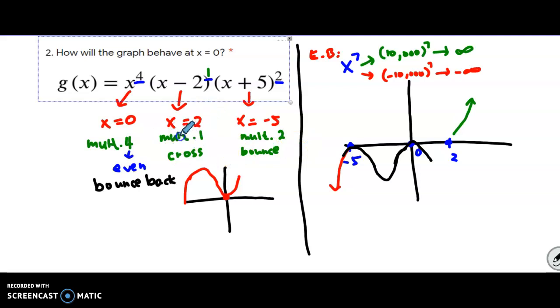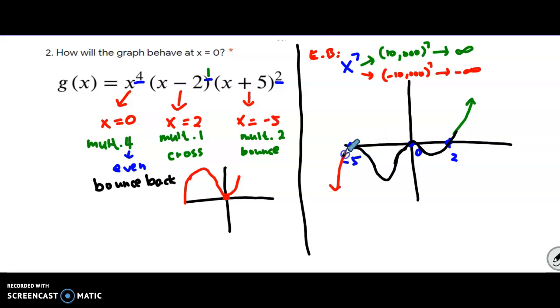It's a multiplicity of 1. We said when it's a multiplicity of 1, it just goes straight through it. Oh, that's terrible. Sorry, I'm going to try to make this continuous. It's going to look something like this. Just go straight through.